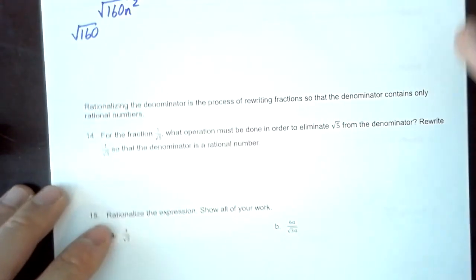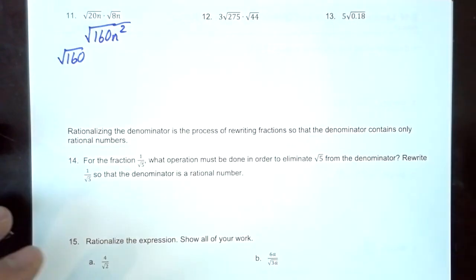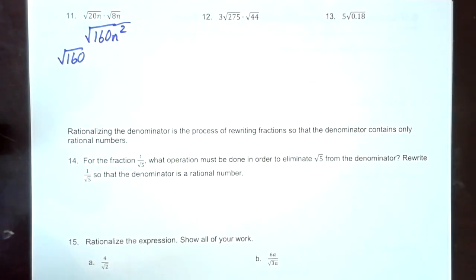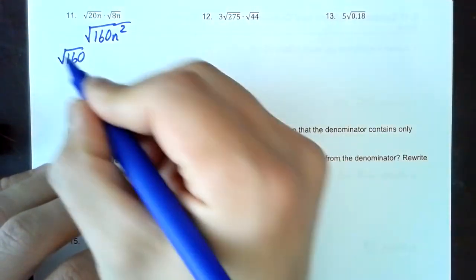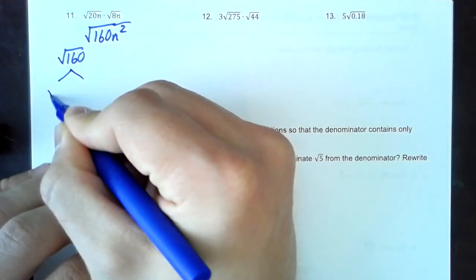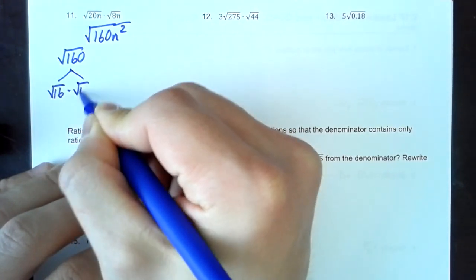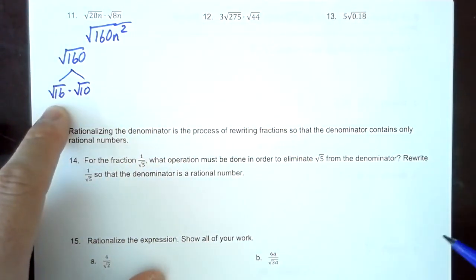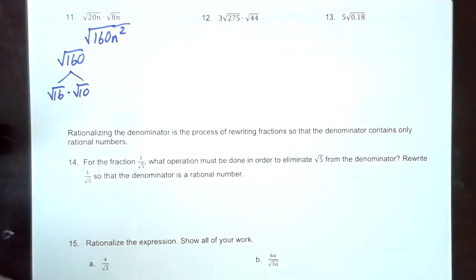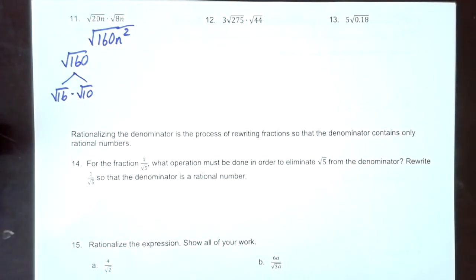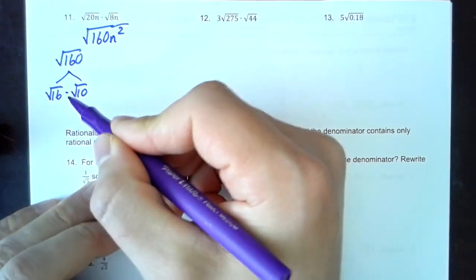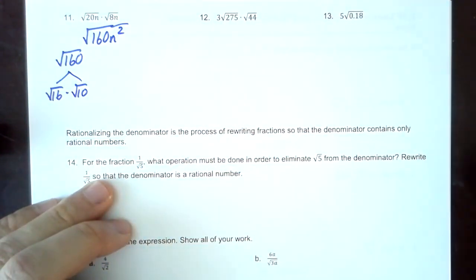Now, I don't have my perfect squares on this page, but eventually I hope you start to memorize the perfect squares, and you don't really need them on the side. It starts to become obvious. This is just the square root of 16 times the square root of 10. The square root of 16 is the best choice. I could have used the square root of 4, but then you have to simplify even further.